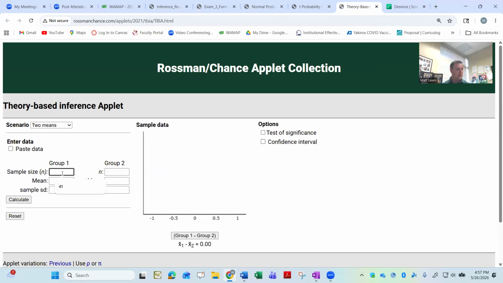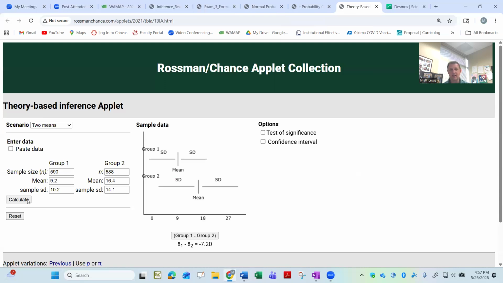And then we just fill in our information for each of the groups. 590 females, 588 for males. The mean is 9.2 for females and 16.4 for males. And then sample standard deviation, 2 and 14.1.